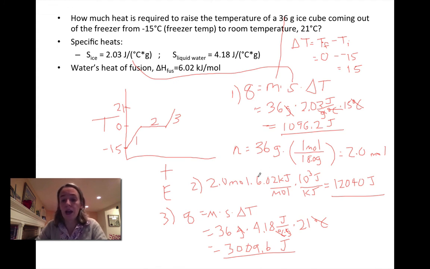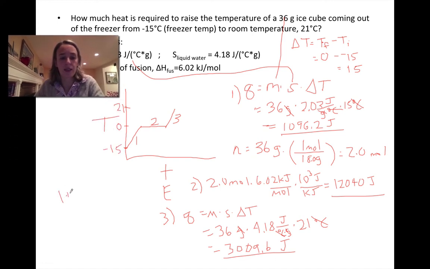So if we add all those together, step 1 plus step 2 plus step 3, that's going to give us a total, we'll call this Q tot, T-O-T, of 16,146 joules.